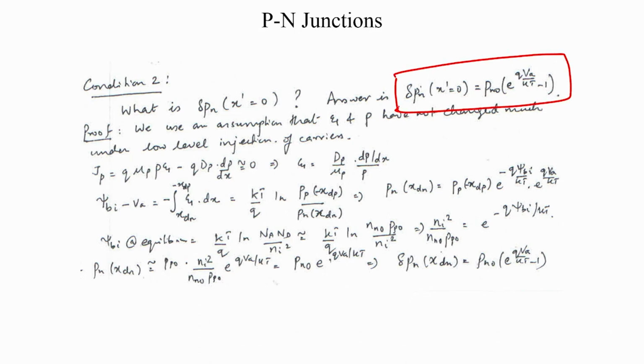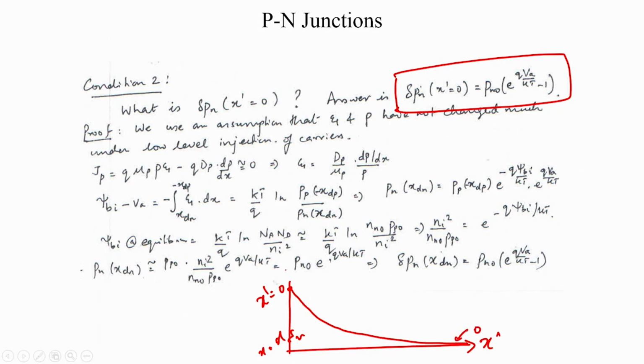The hole population, so we have your x equal to xdn, or x dash is equal to 0 coordinate system sitting here, and that is my x dash. So, we have some excess holes injected there and it all tapers down to 0.